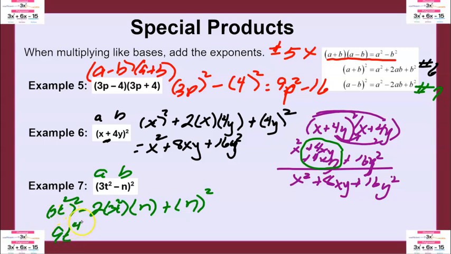Remember, when you raise a power to a power, you multiply the exponents. Minus 2 times 3 is 6. t squared n plus n squared. And that would be your solution. So that is how you can multiply monomials and polynomials and then use special products to solve.